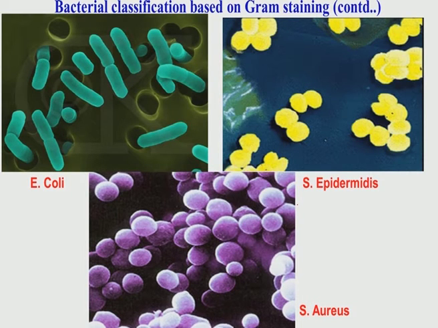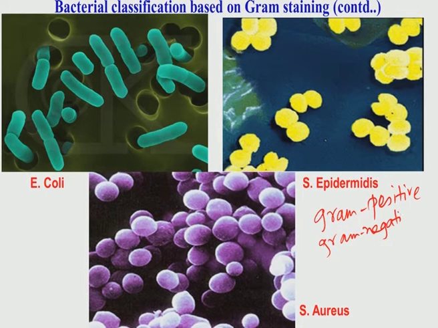If you remember your school biology, depending on the gram staining, bacteria can be classified into two classes: gram positive and gram negative.